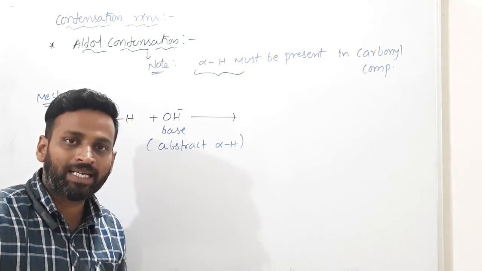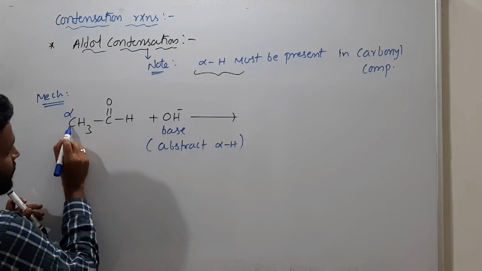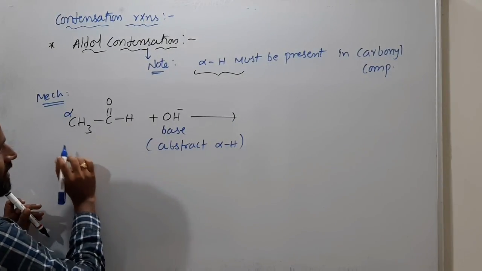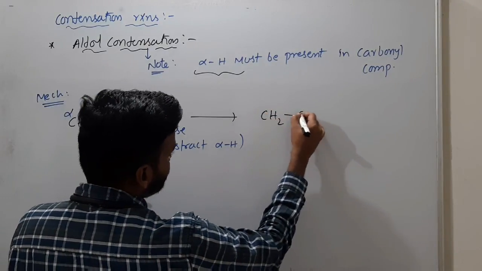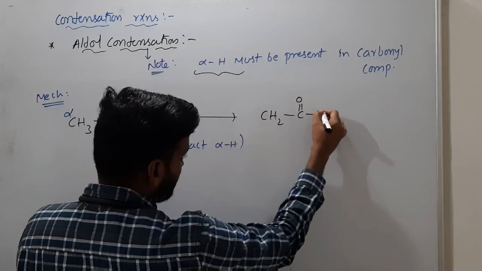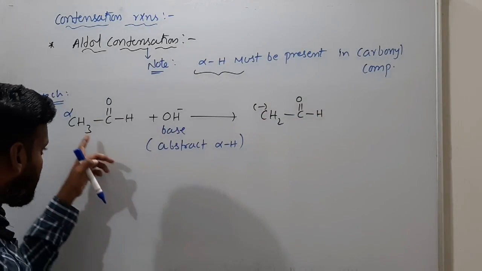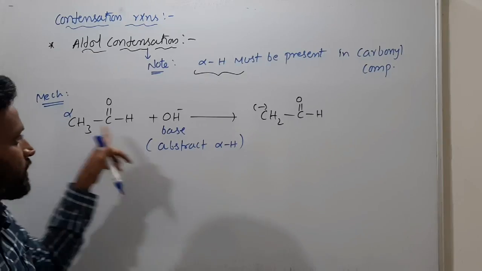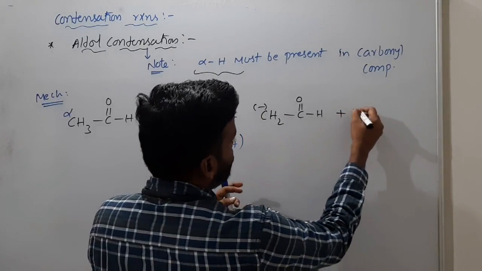This is Bronsted acid base. This is the alpha carbon and these hydrogens are alpha hydrogens. So now this will be CH2 minus and C double bond O H, plus H2O.